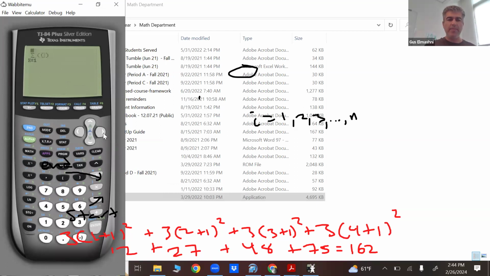So x equals 1 to 4, 3 parentheses x plus 1. Oh, squared. That's my fault. There you go. So you get 162. That's a nice little function in the calculator to help you out with that.